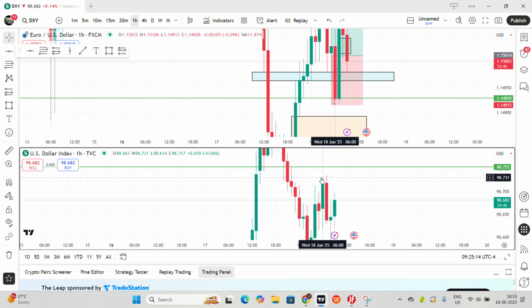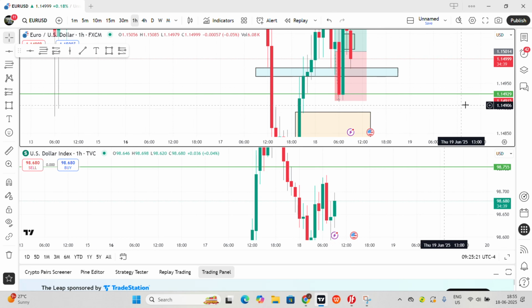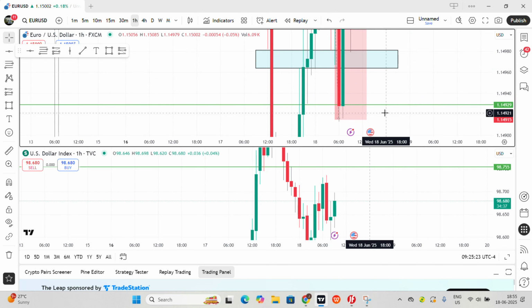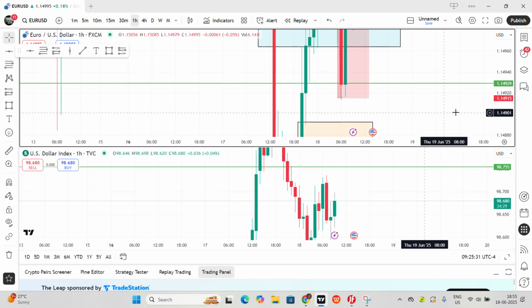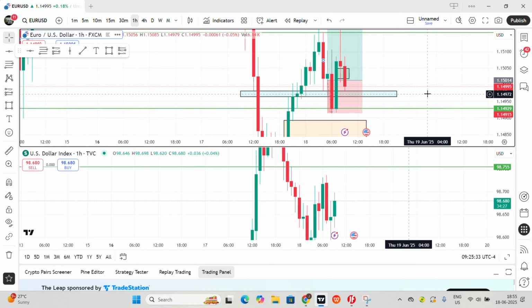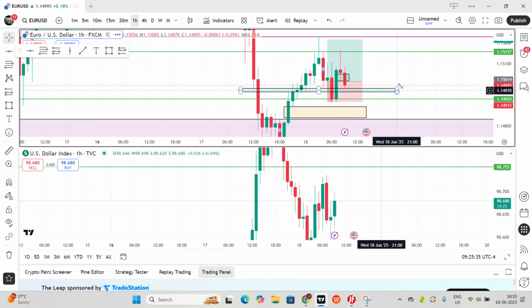See right here, the high of the 6 a.m. 1 hour candle was taken out by the 7 a.m. 1 hour candle in DXY, but we failed to see the same occur in Euro USD. The 6 a.m. low wasn't taken out by the 7 a.m. 1 hour candle's low. So that could be SMT.